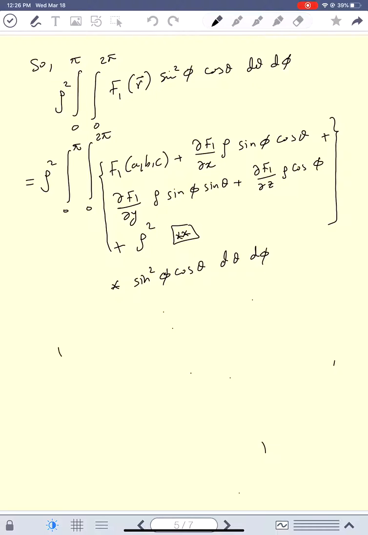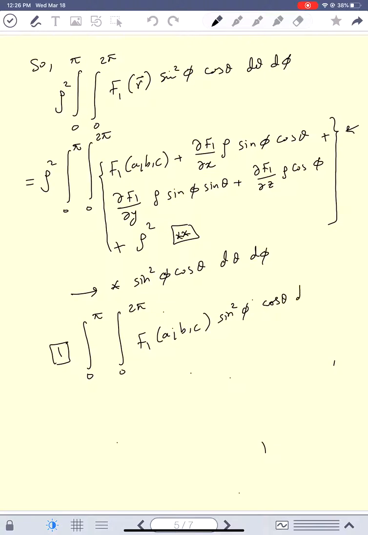Let's divide this. I'm taking the first quantity as the integral from 0 to pi, the integral from 0 to 2 pi. What is the first quantity? It's f1 at a, b, c. Remember, this is a big bracket multiplied with sine square phi cosine theta d theta d phi.